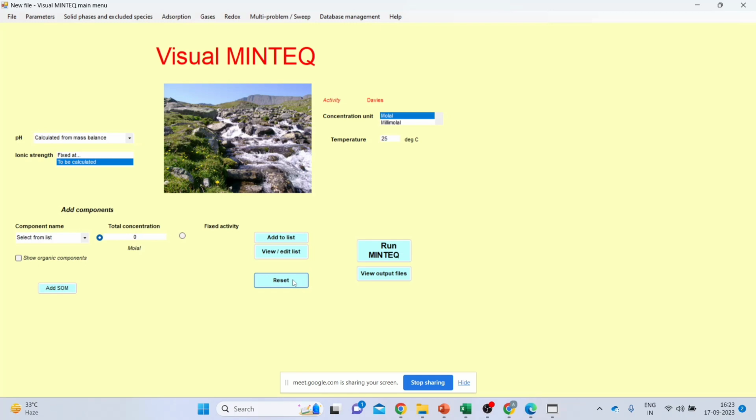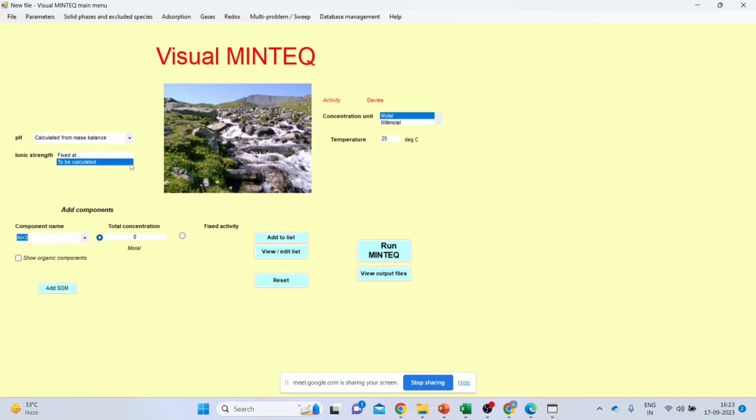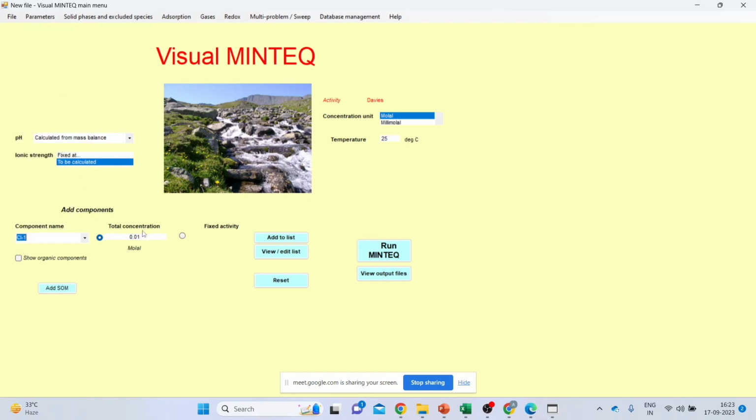We are adding aluminium chloride. So let's add aluminium. It was I think 0.01 molar. Next was chloride. It will be 3 times, 0.03.